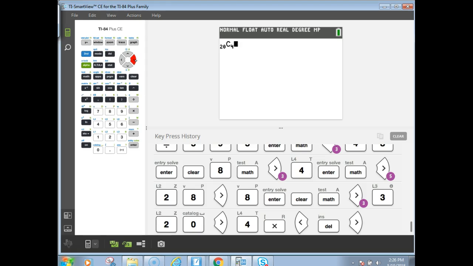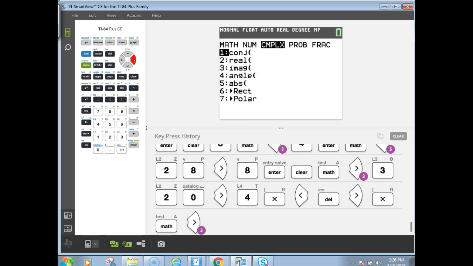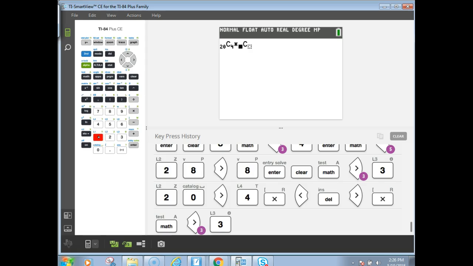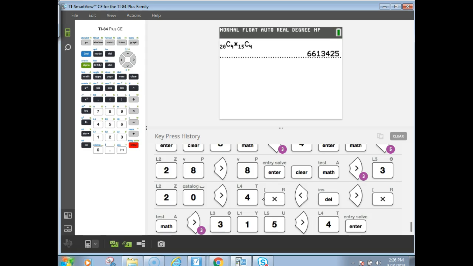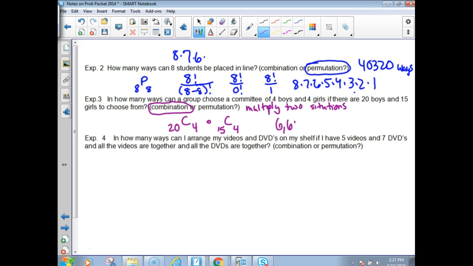I have to get out of here first so I can hit times. Now I can go back to math. Probability, choice 3. I had 15 girls, of which I'm choosing 4. Arrow over, put in the 4. This is a big one. 6,613,425. That's a lot of ways.